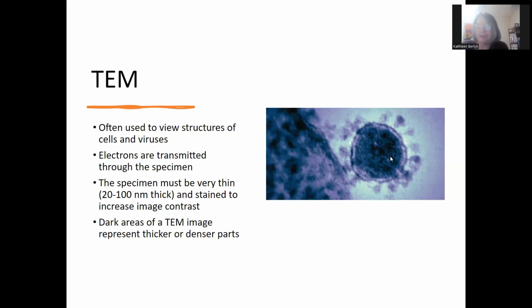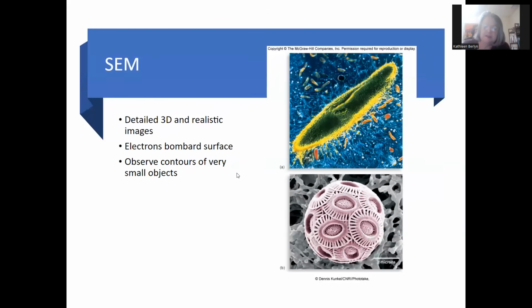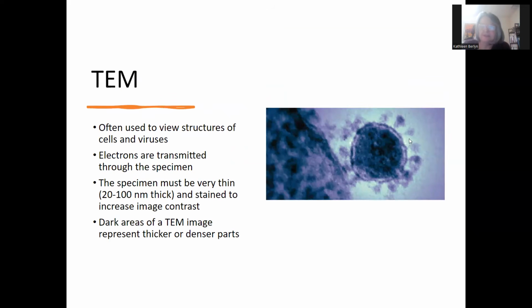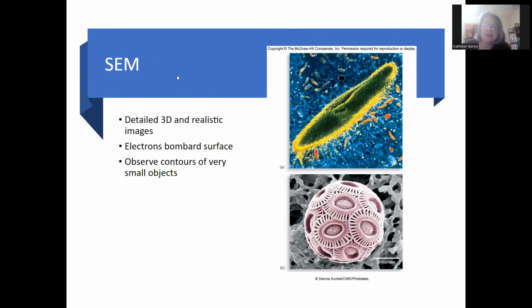Just recently, they came up with an actual naturally colored electron micrograph, but normally they have to be artificially colored. And notice when you look at a TEM, it's a two-dimensional image, but you can see the outer workings of the cells. You can see the surface proteins of this particular virus.